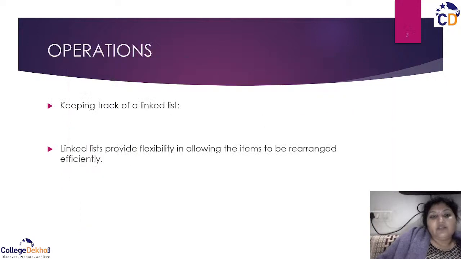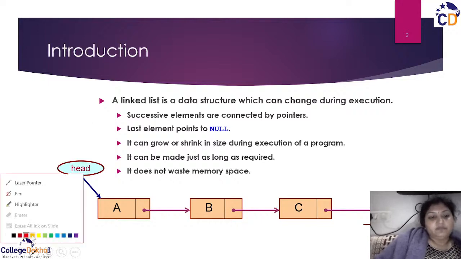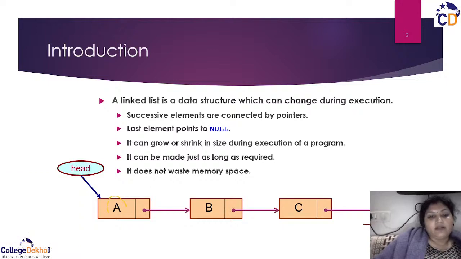That's what I have shown you in this slide. The first part is the value part, and this is the address. This part holds the address of the next element in the list.